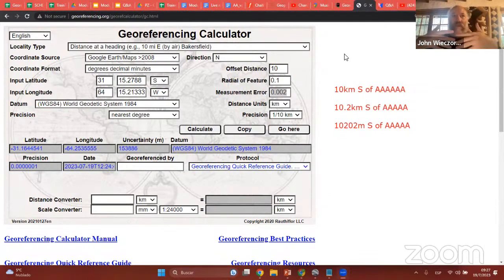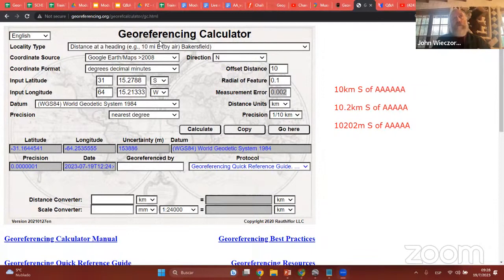It's like my average accuracy when I use a measuring tool or draw on GeoPic or anything like that, how far off my dots are if I repeat the process over and over. You could test yourself to find out: make a distribution map of all the points that you measure and say, okay, what's my mean, what's my standard deviation from the center of all those points? And that would be my measurement error.